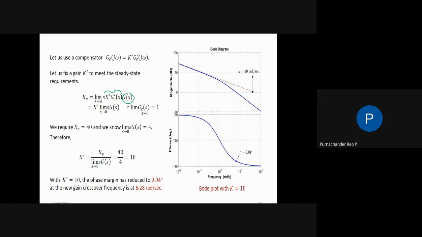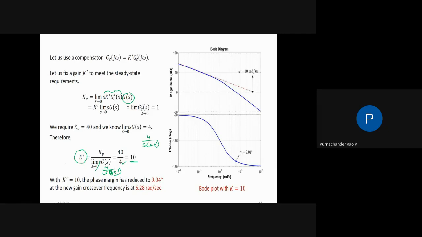Our system has 4 by S into S plus 1. So S and S will be cancelled out. If you substitute S equal to 0, this is going to be 0, so you will get a value of 4. So K dash should be equal to 10. So this is fixed. Now K dash is fixed. K dash will be equal to 10.